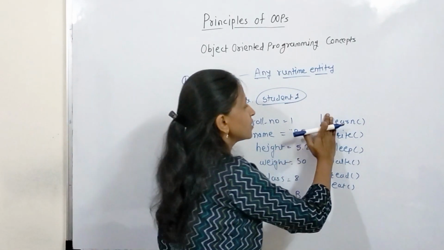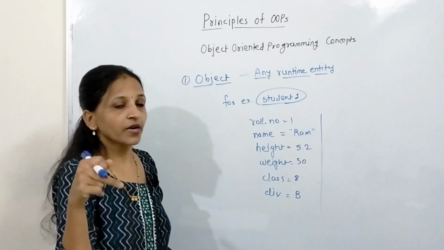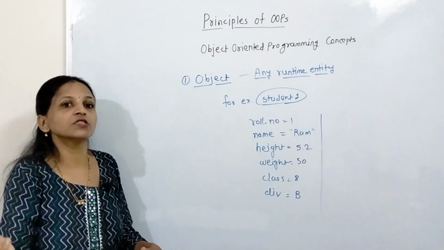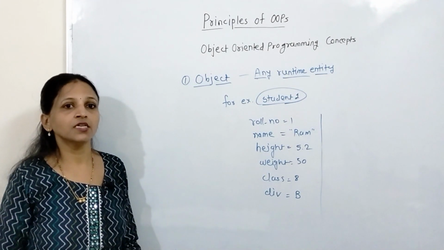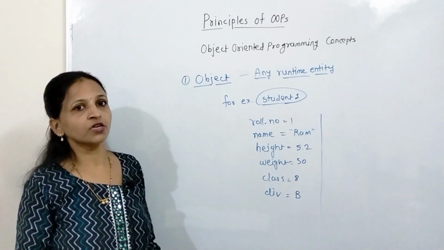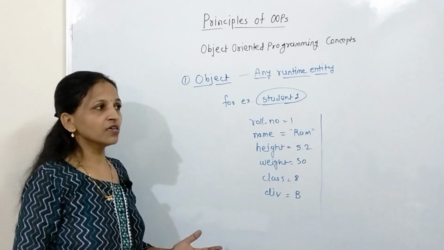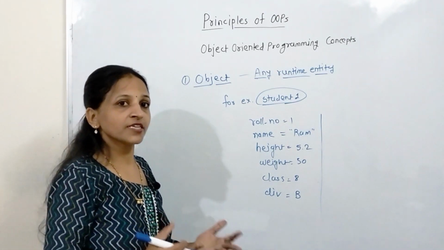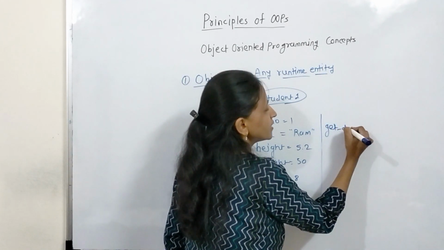Means here what are the functionalities we have to consider in programming. In programming perspective you have to think here. Not only student can do these things, means these are the functionalities along with that student, but those we cannot implement using programming language. But inside programming we can think functionalities like we get data about that student, like get data.